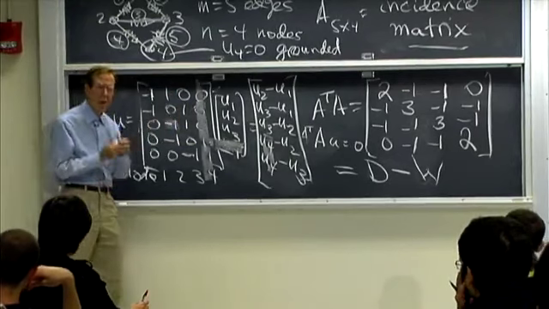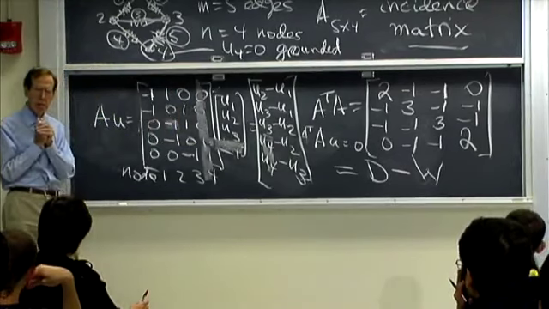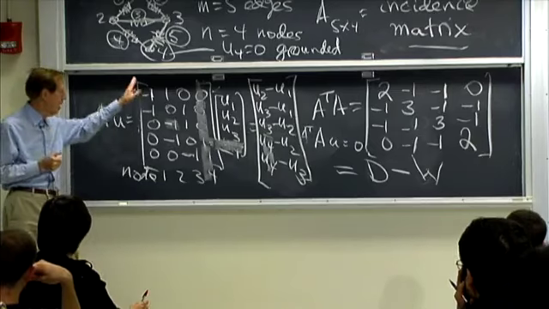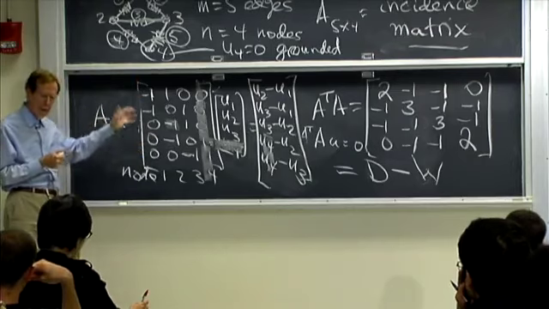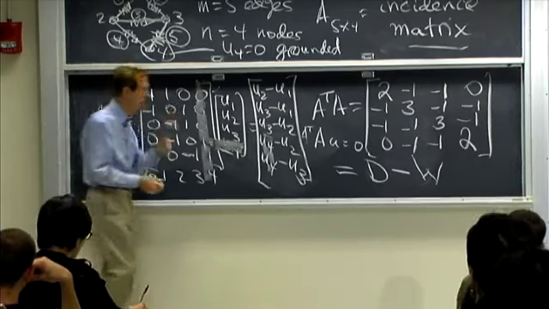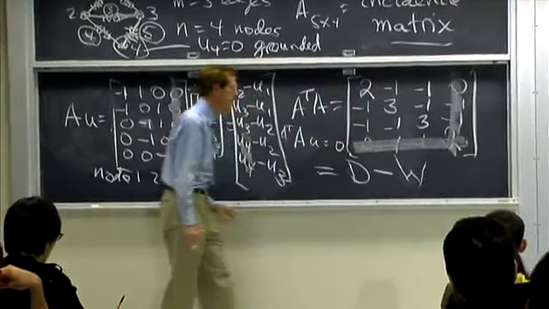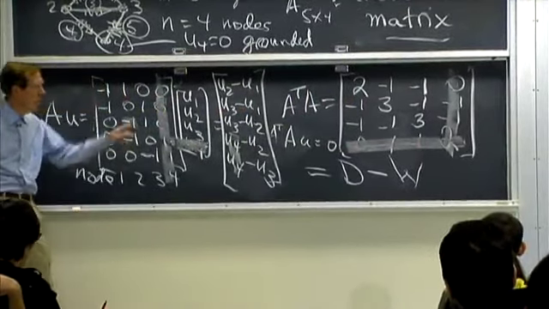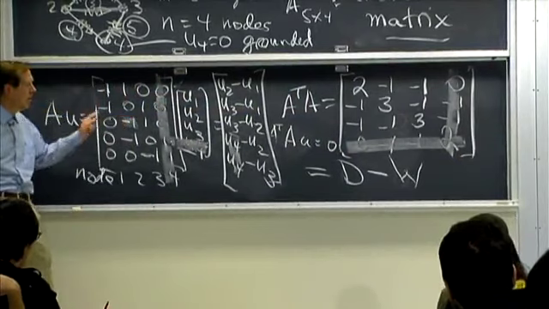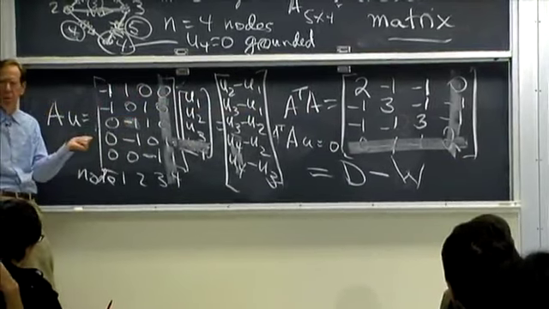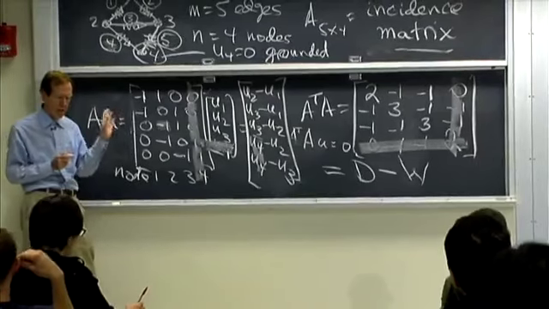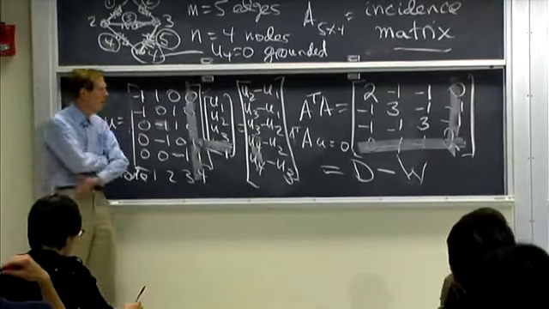And A transpose A, what shape will the A transpose A matrix be? It'll be 3 by 3, right? I now have 5 by 3, 3 by 5, multiplying 5 by 3 gives me 3 by 3. This column is gone, and that row is gone. Because the row came from A transpose, and the column came from A, and we've just thrown them away by grounding that node.